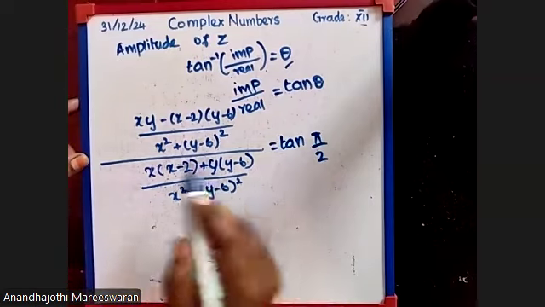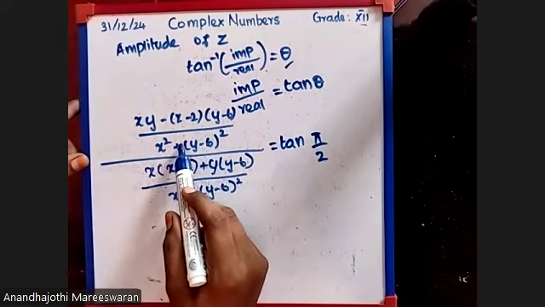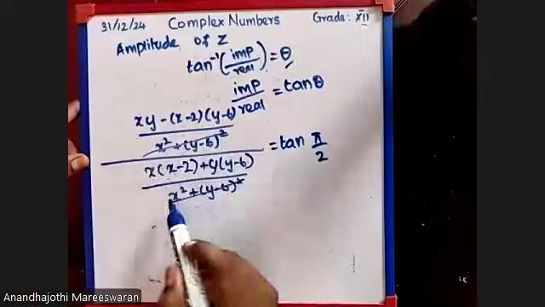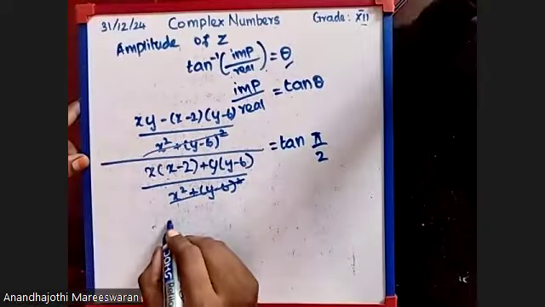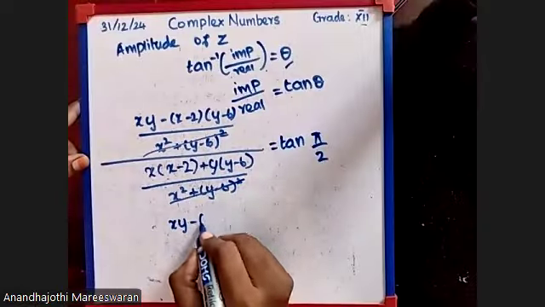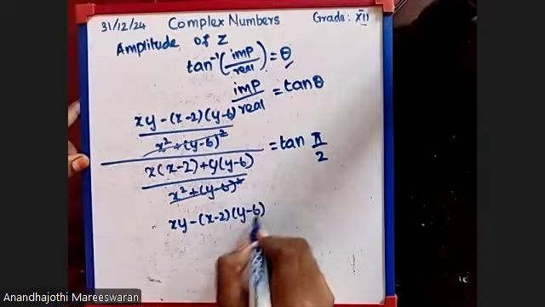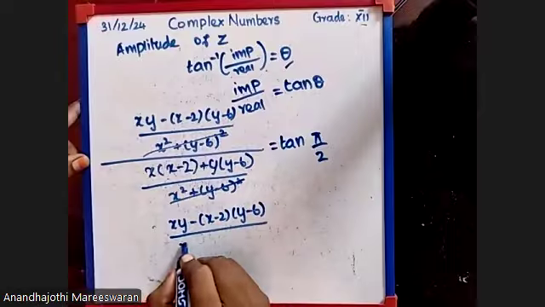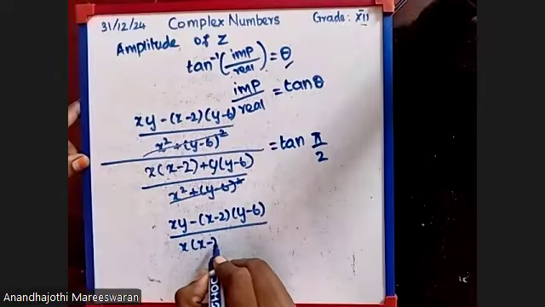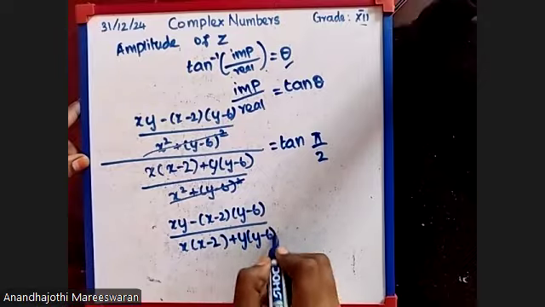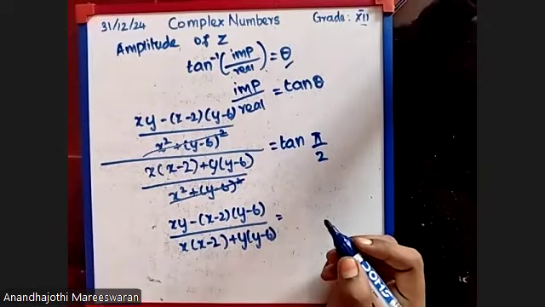Look at this. The denominators of this one and this one are the same, so we can cancel them out. What will be remaining? xy minus (x minus 2) multiplied by (y minus 6), divided by x multiplied by (x minus 2) plus y multiplied by (y minus 6), equals tan of pi by 2.